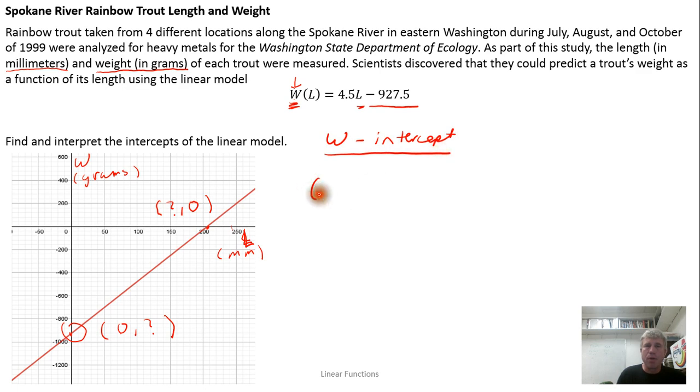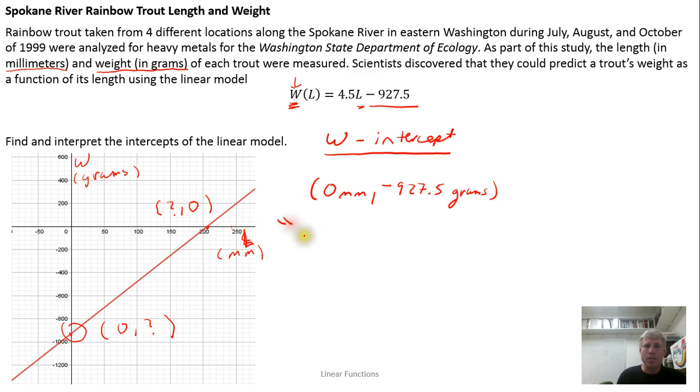is going to be given by an input of 0 millimeters, because the input is 0 when we're on the vertical or output axis. And an input of 0 millimeters corresponds to a weight of negative, because of the minus sign right there, negative 927.5, and we need to include the units, so this is going to be negative 927.5 grams.